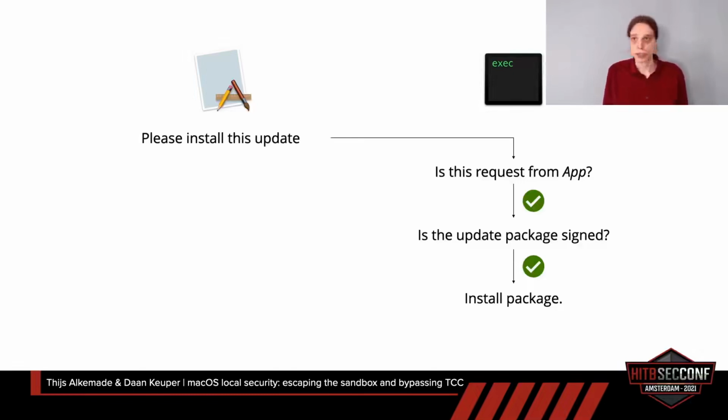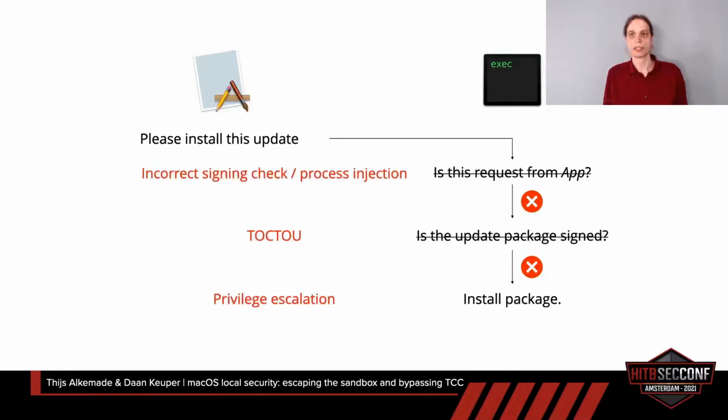If those checks pass, the installation can proceed. But if there's something wrong, then there might be privilege escalation here. So how this can often go wrong is that in the first step, there might be an incorrect code signing check. Sometimes the code signing check is completely missing, or there might be a process injection vulnerability. We'll cover those later. The second step can also go wrong, and that's often a time of check, time of use type of vulnerability.